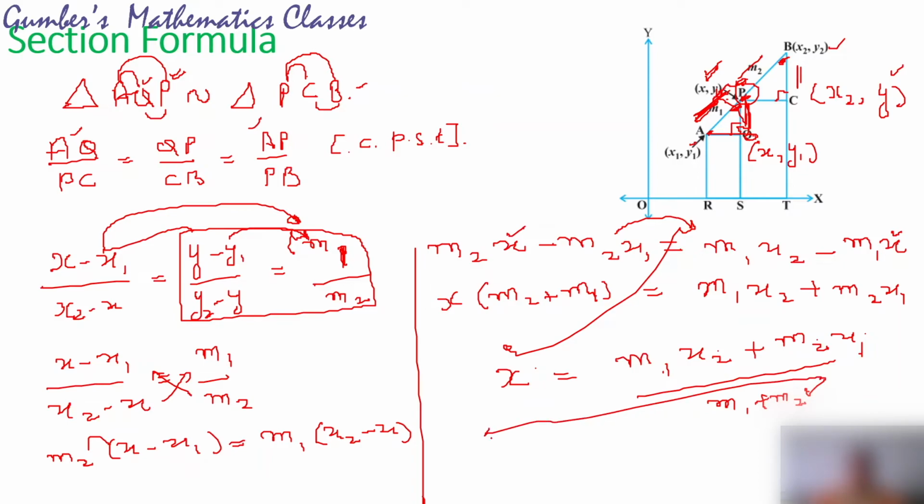Similarly, for y, y is equal to (m1y2 plus m2y1) divided by (m1 plus m2), which is the sum of the ratios. I hope it's clear, or you can try it yourself.